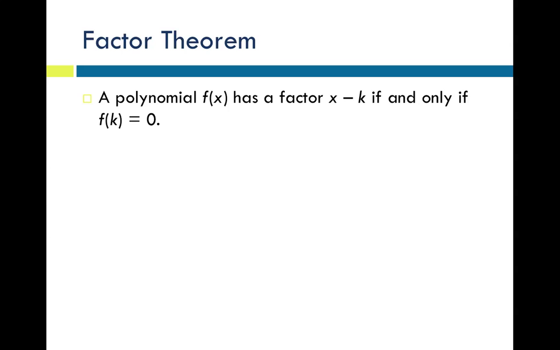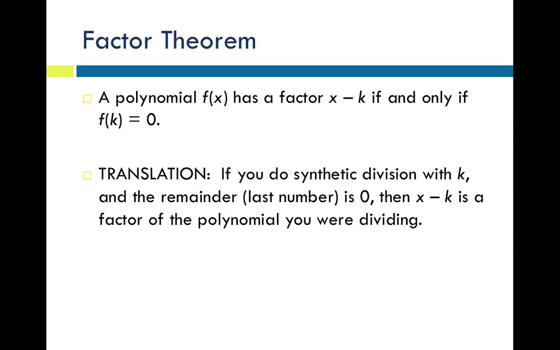And so we're saying if we get a k value that, when we do that, we get 0 as the remainder, then we can say x minus k is going to be a factor. So translating this theorem into something that makes a little more sense: if you do synthetic division with a number k, and the remainder you get, that last number in the last row, is going to be 0, then you can say x minus k is a factor of the polynomial that you were dividing.